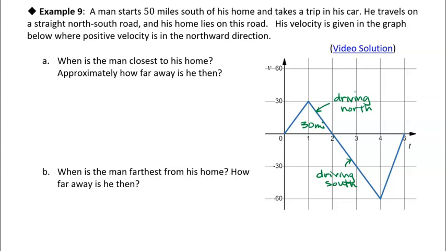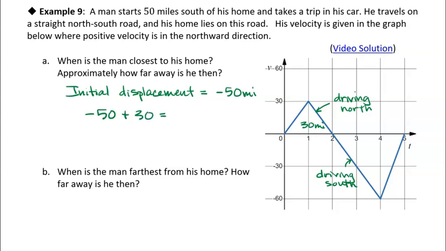So his initial displacement, let me write this down, is negative 50 miles from his home, right? So the net change in his displacement is 30 miles toward the north. And so we can take the negative 50 and add 30.